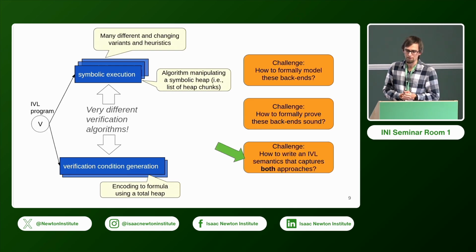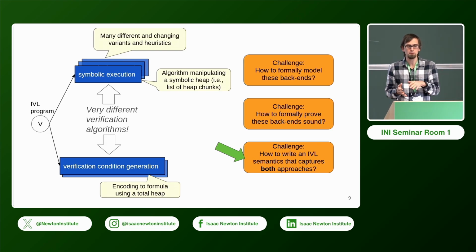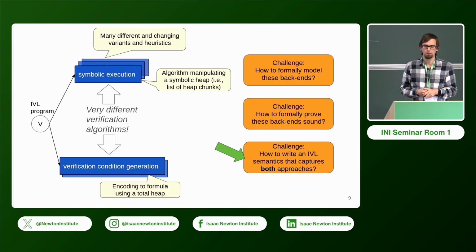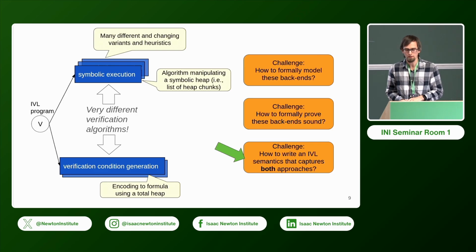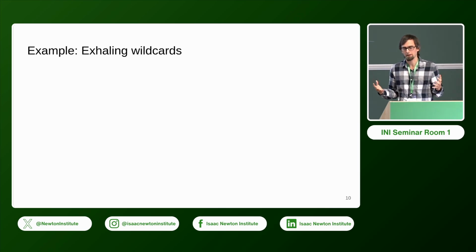But the key challenge that I want to focus on in this talk is that we want to have one semantics for core IVL, which can model and connect potentially to all these different backends with different heuristics and different verification strategies.